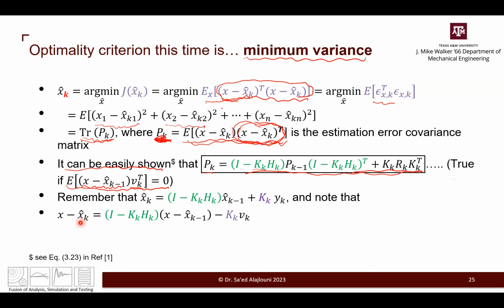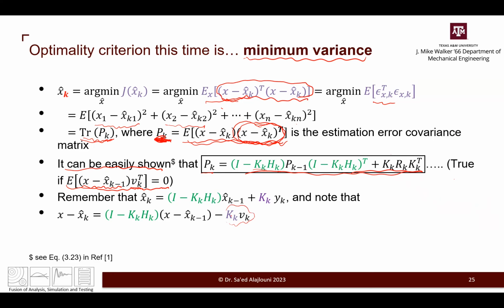So if this is the random variable that I have, x minus x hat sub k, and I want to find the covariance matrix for this random variable, which is the estimation error. And here, the matrices in green and purple are known, deterministic values. Then we use the rules from the previous lecture. What would be the individual covariance of this term by itself?